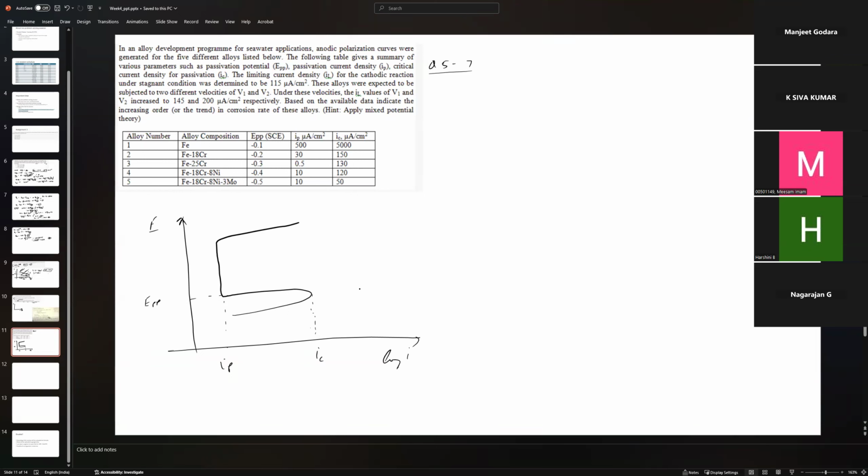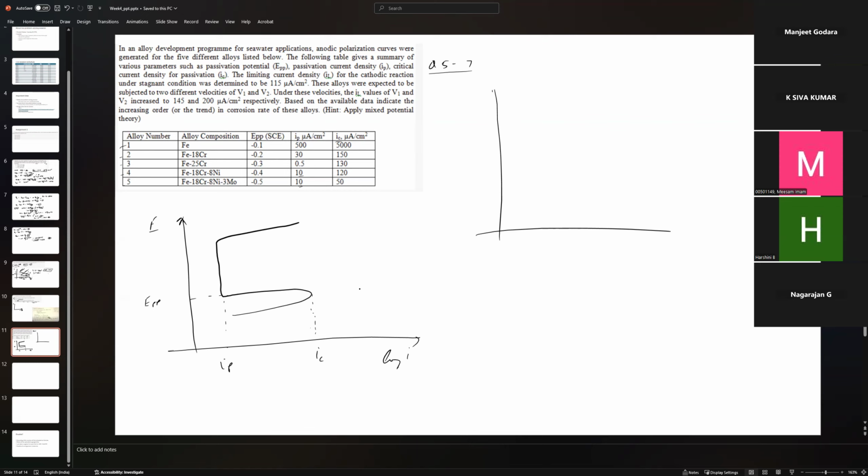So we have 5 different alloys. These two have the same passivation current density, and the critical current density is different, and so is the PP. If I just draw these, and then we have the limiting current density for the cathodic reaction.